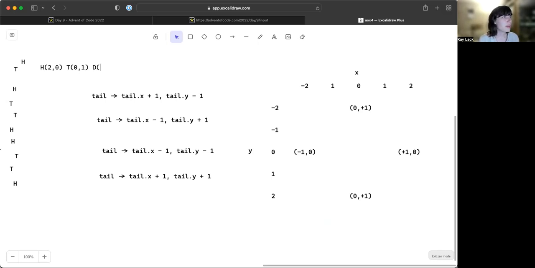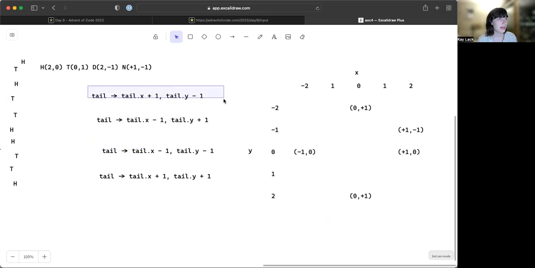Difference therefore is 2 minus 0 is 2, 0 minus 1 is minus 1. And the next is plus 1 minus 1. So looking at our table, we get 2 and minus 1. So here we've got that.